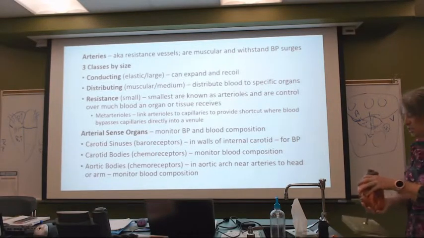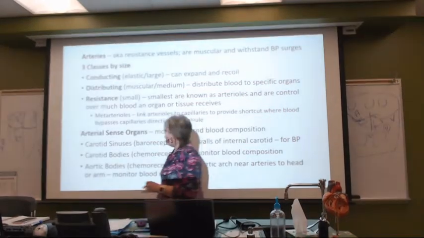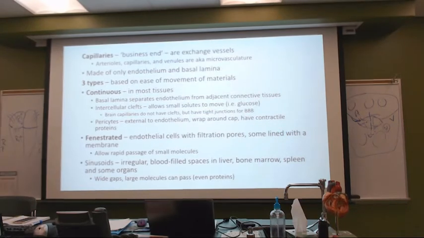This information that it's monitoring actually goes to areas of the brain that can make sense of it and then determine, do I need to increase my respiration rate, increase my heart rate, decrease my respiration rate, decrease my heart rate, all these sort of things. And it will get the body to hopefully do that and take care of the blood composition.